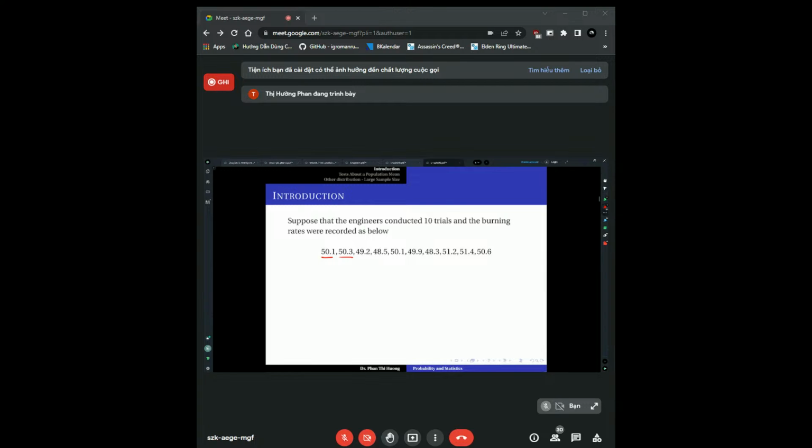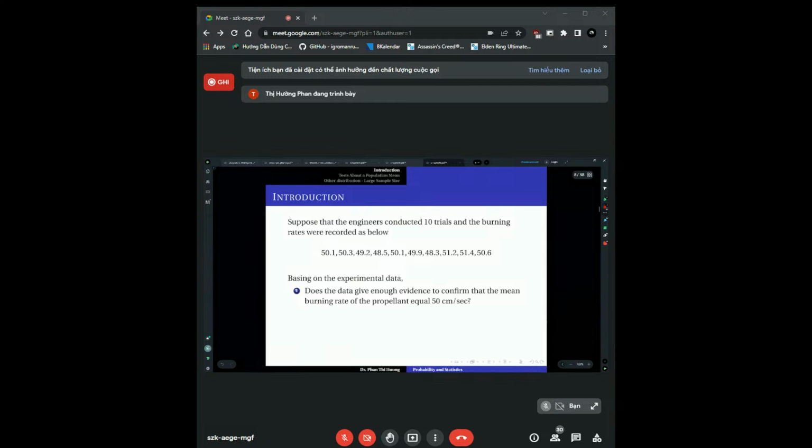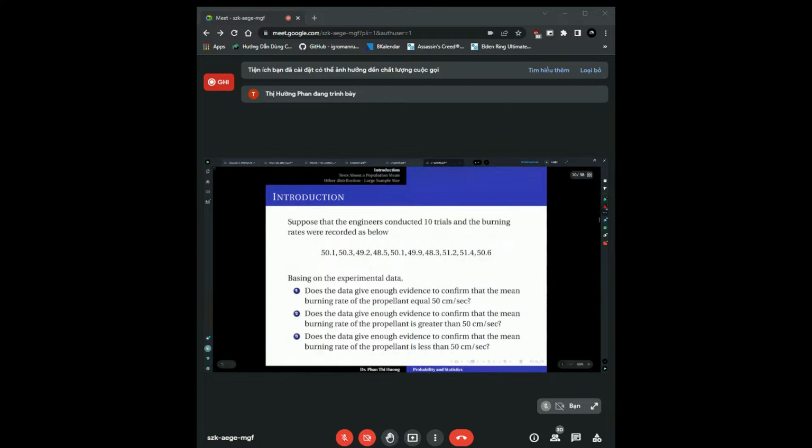And now the question is that, based on the experimental data, how could they answer whether the mean burning rate of the propellant is different from 50 centimeters or not, or whether it is greater than 50 centimeters or not, or whether it is less than 50 centimeters.